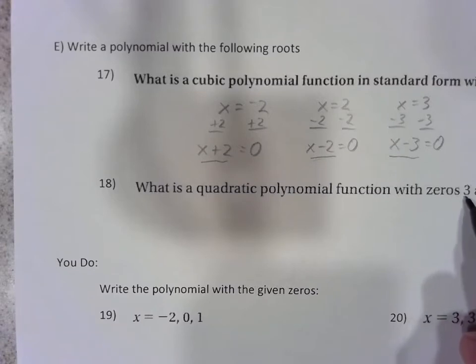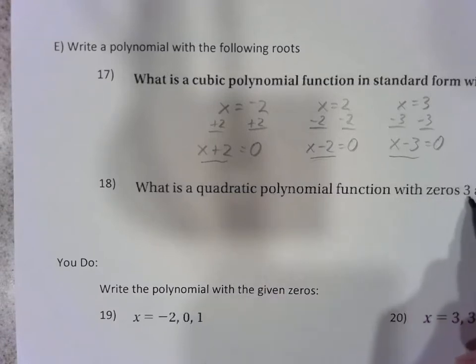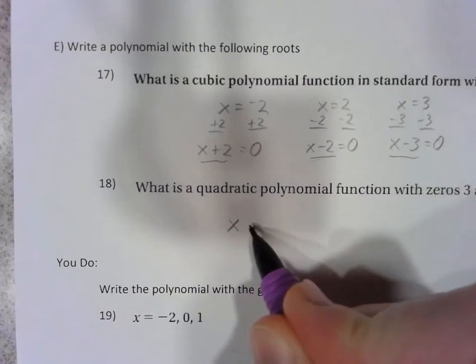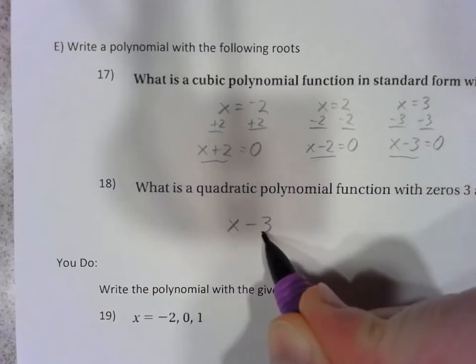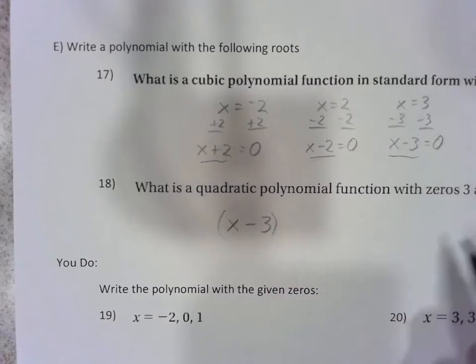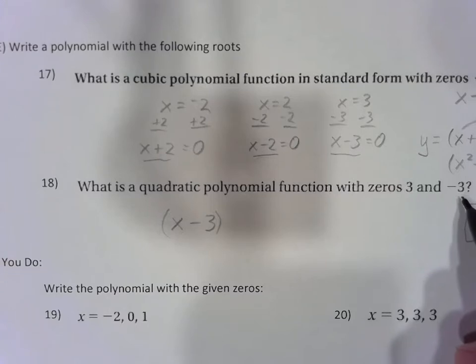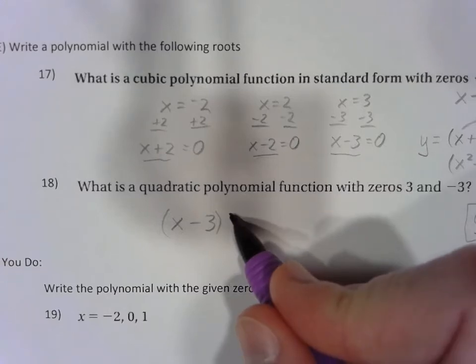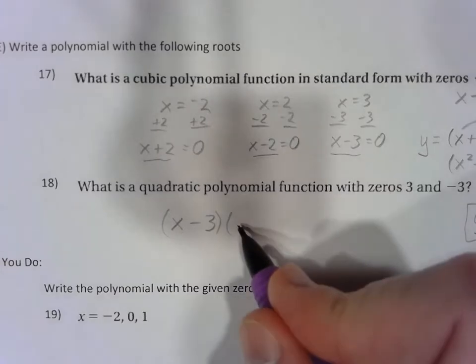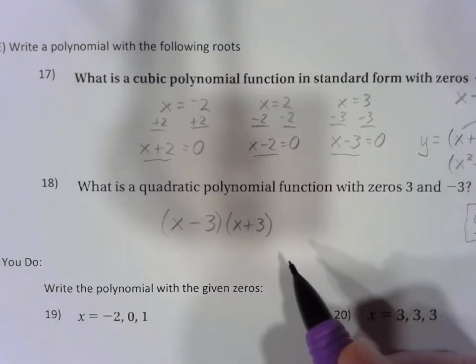So it's always x minus those numbers. So to get a 0 of 3, I have to have x minus 3 as a factor. To have negative 3 as a 0, that means I have to have x minus negative 3, or x plus 3, as a factor.